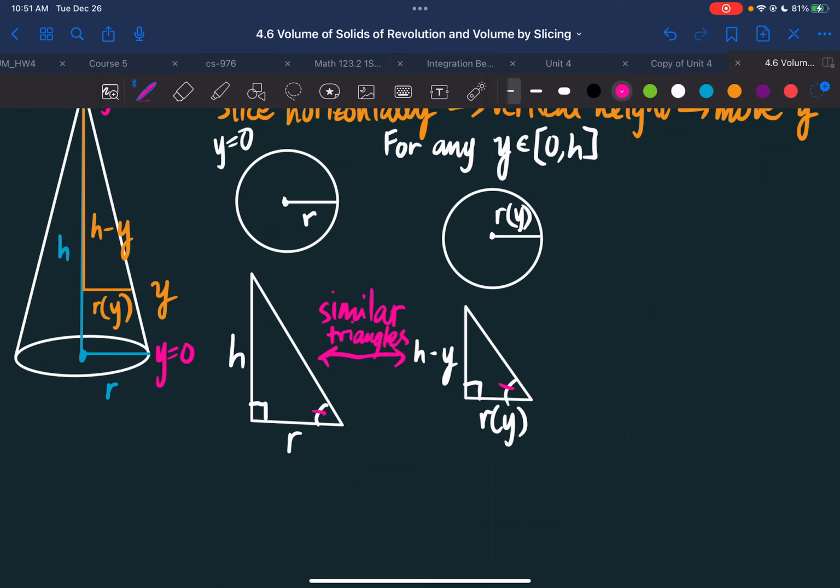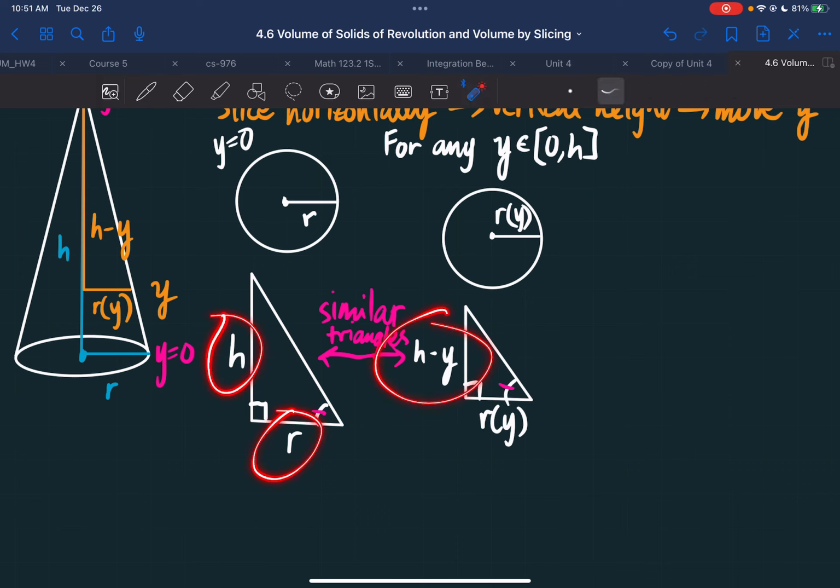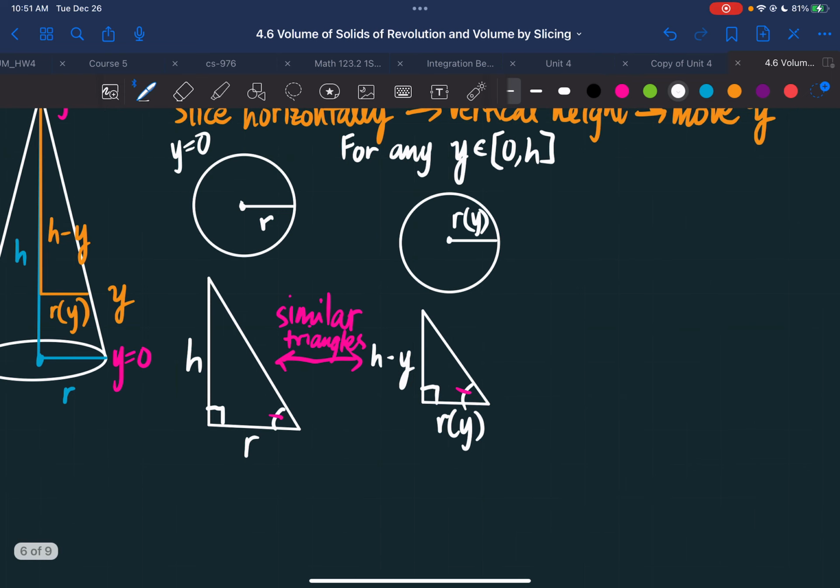And by what we know about similar triangles, we can relate the value of their sides. So for this one, we can talk about the ratio between the length of this line right here and the length of this line right here. So by similar triangles, we have h over r, the length of this one divided by the length of this one, is equal to the length of this one divided by the length of this one.